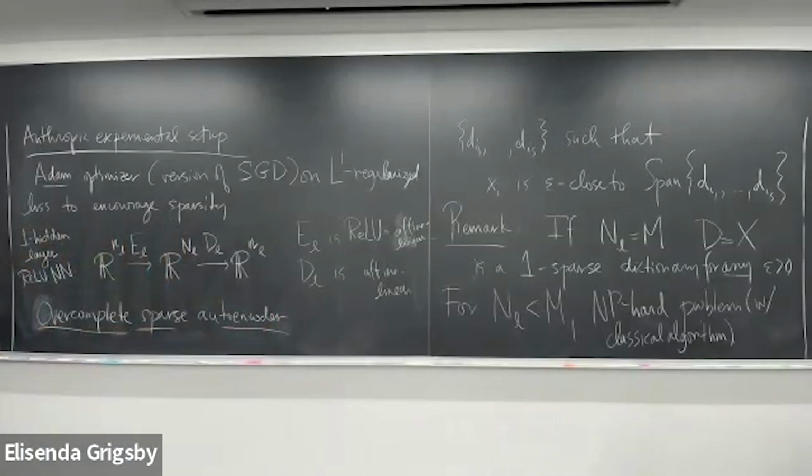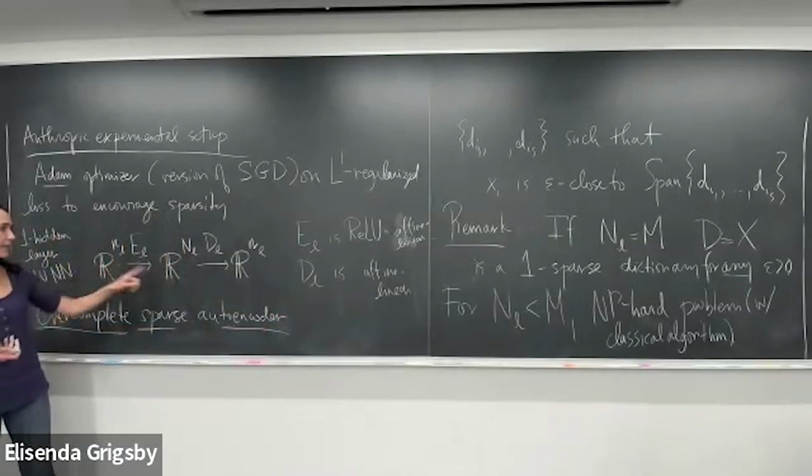If you've ever actually worked with any ML models, you've probably worked with autoencoders that are not overcomplete but undercomplete. Namely, it's kind of funny to see something like this, where the dimension of this space is larger than the dimension of these spaces.